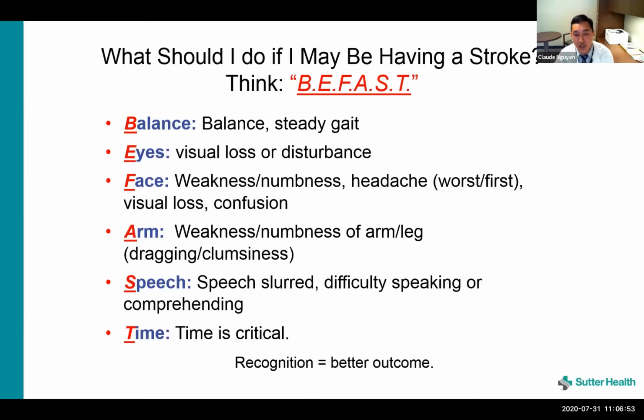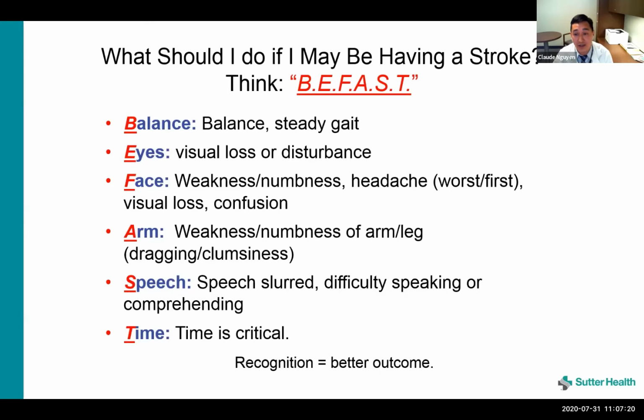S is for speech. Speech refers both to the quality of the speech as well as the input and the output of the speech. Quality of the speech being if somebody has slurred speech and they've never had slurred speech before, or they have difficulty either understanding somebody else or getting the words out. Maybe they're speaking gibberish and you just don't know what they're saying.